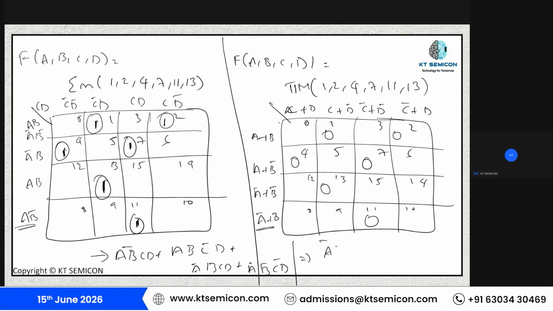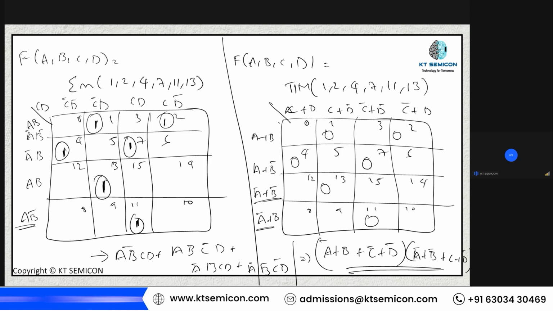A bar plus B plus C bar plus D bar into A bar plus B bar plus C plus D bar, and so on. Okay, so this is how I'm going to solve my 4 variable KMAP.